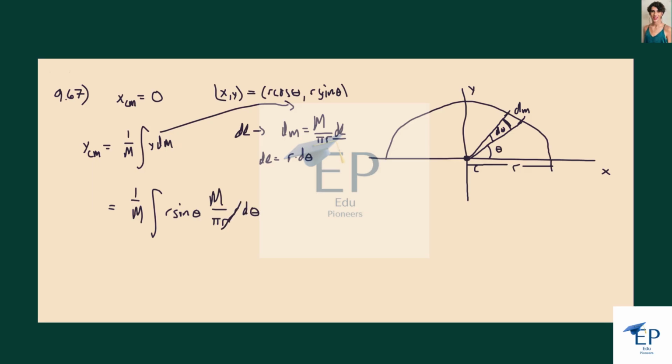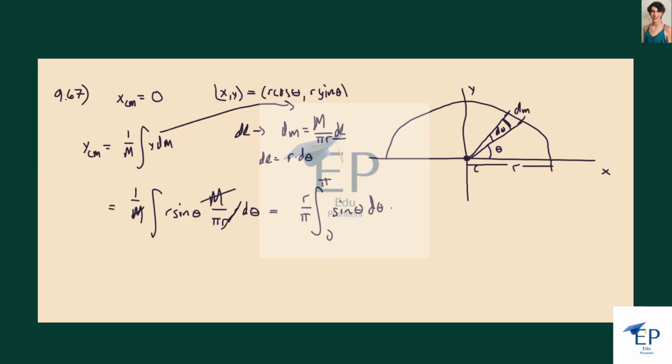So these r's are going to cancel, these M's are going to cancel, and what we're left with is r over pi integral from 0 to pi of sine theta d theta.